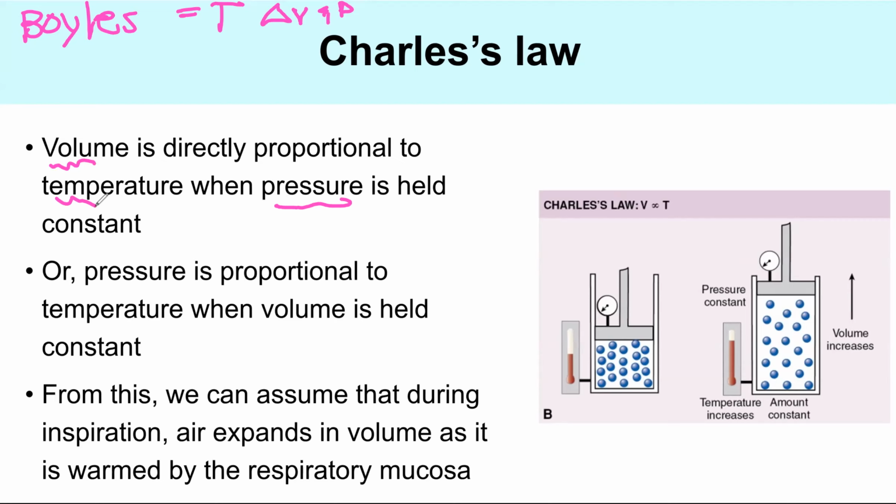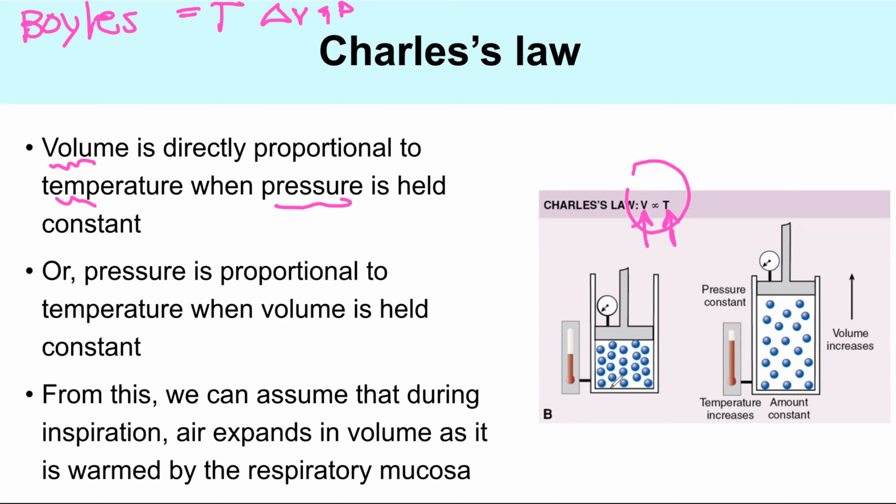to one another. Okay, and so what that means in terms of Charles' law is basically that it's saying, it's sort of right here in this equation, that if something is directly proportional, we're saying that if the volume increases, the temperature of the gas is also going to increase.